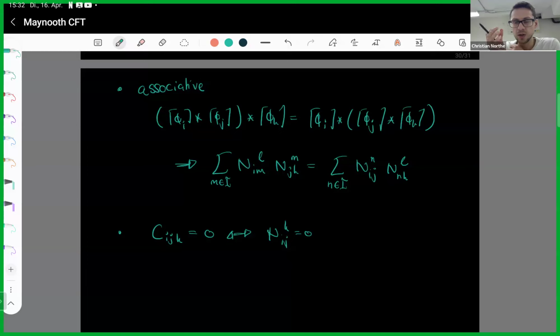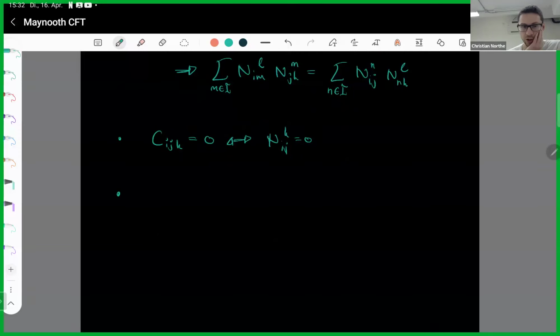So there is going to be no coupling. And also vice versa: if I know that the fusion is non-zero, then the interaction strength is going to be non-zero too.